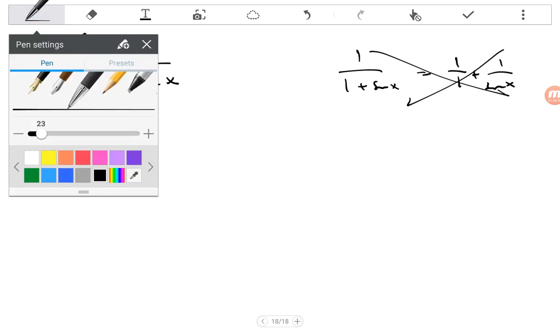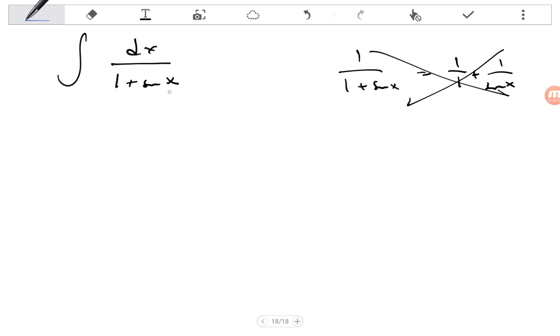Now, what could I do in this case? There is a trick or a skill that we sometimes can multiply in the numerator and denominator with the conjugate of the expression given here. That will be 1 minus sine x. I didn't change the function because I just multiplied by 1.